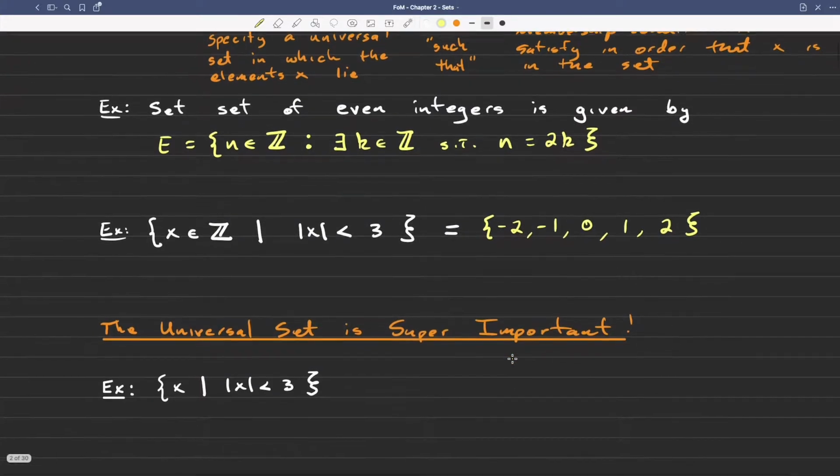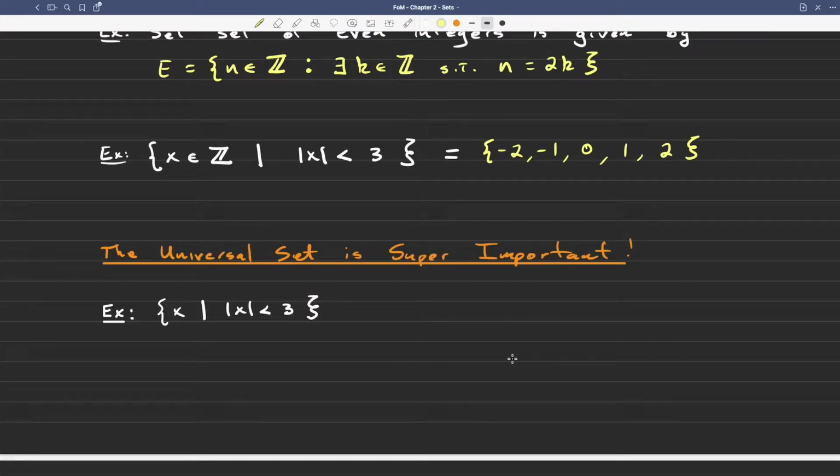Now, one thing that's important when you're using set builder notation is the universal set is super important. If you don't specify a universal set, then there can be a lot of confusion. In this example here, I've not specified a universal set. Now, it's not necessarily wrong to omit the universal set.